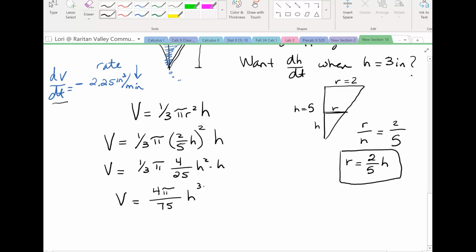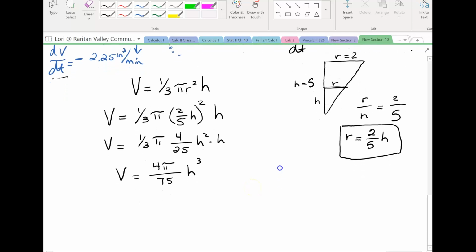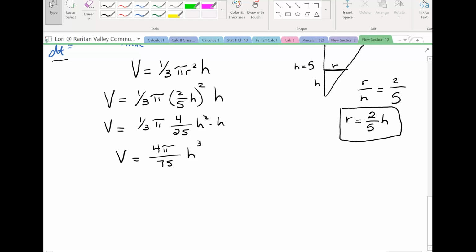That is this equation simplified. Again, do this before you differentiate. You want it in its simplest form. Now that we only have V's and H's, we can go ahead and differentiate.